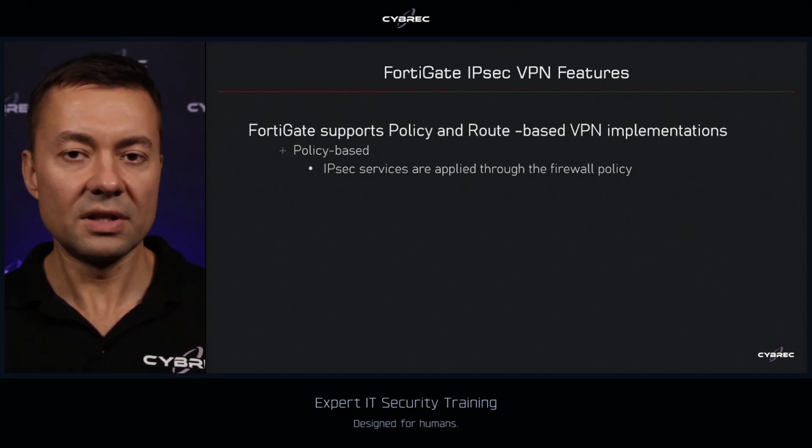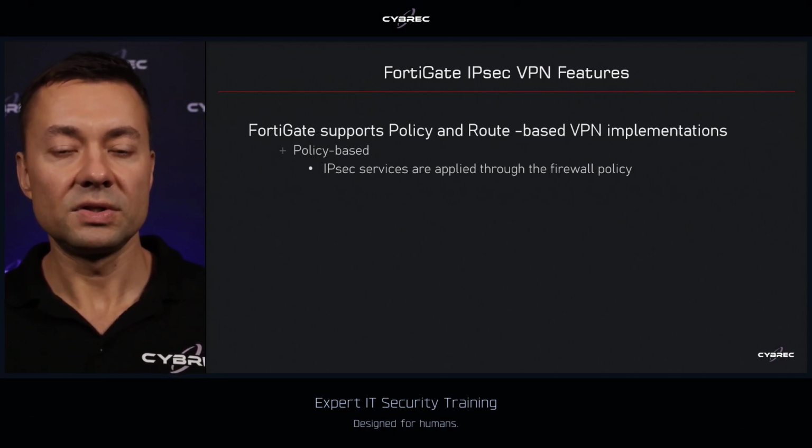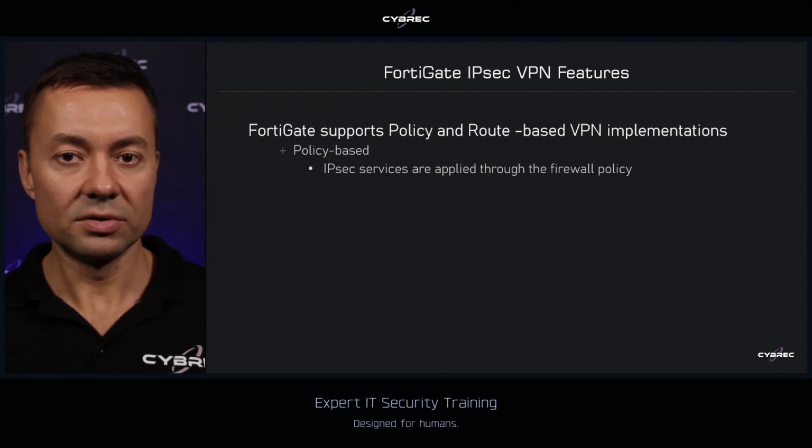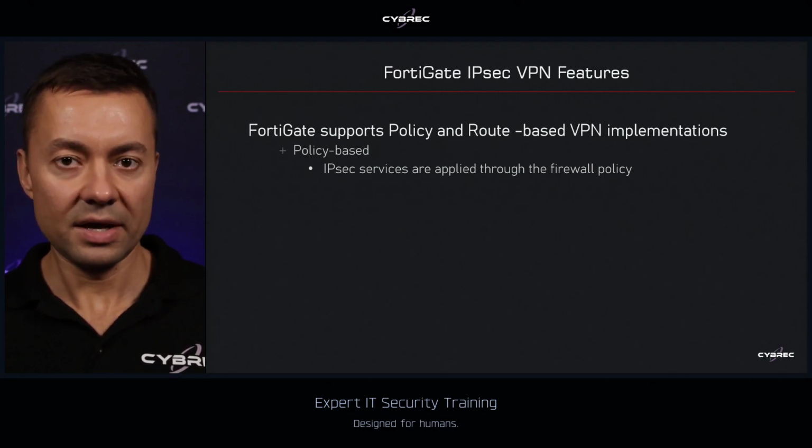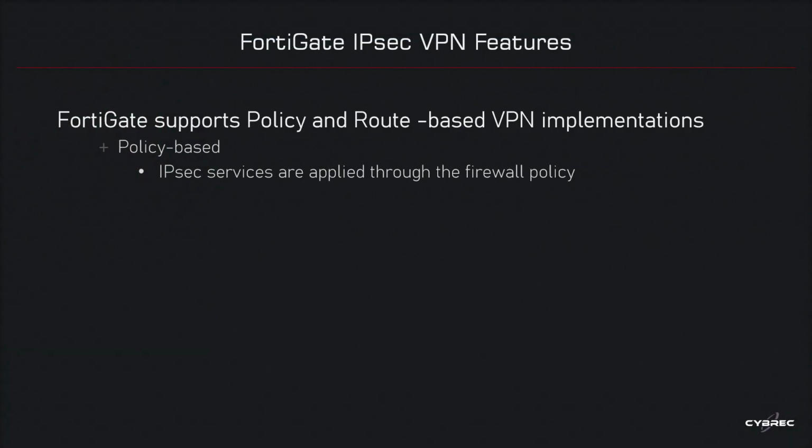And the other difference is going to be in the firewall policy action that we will use to activate the VPN tunnel. Now, specifically with the policy-based approach, the IPsec services are actually activated for the firewall policy rule.